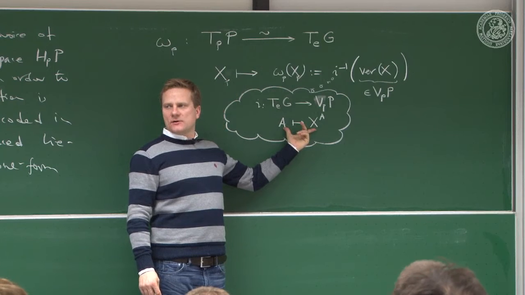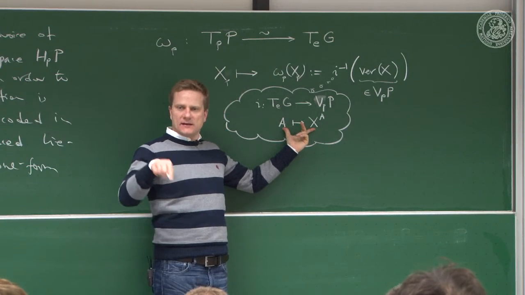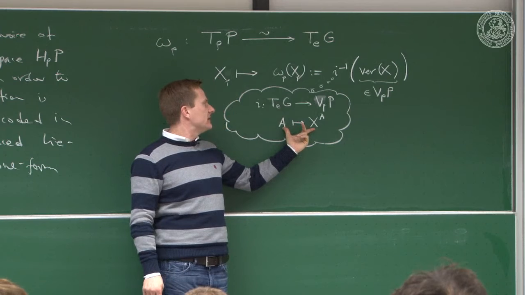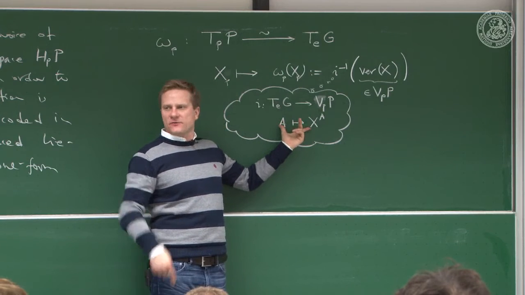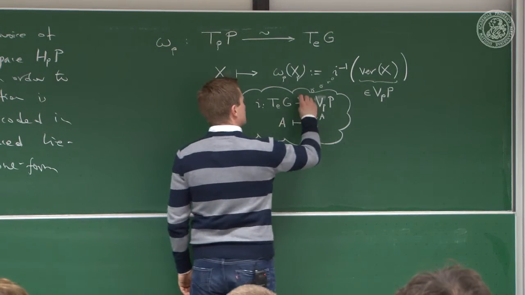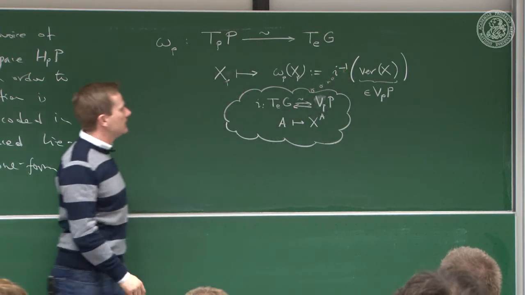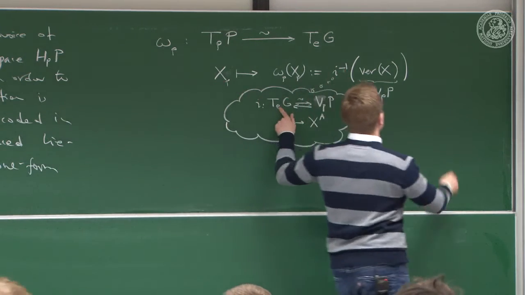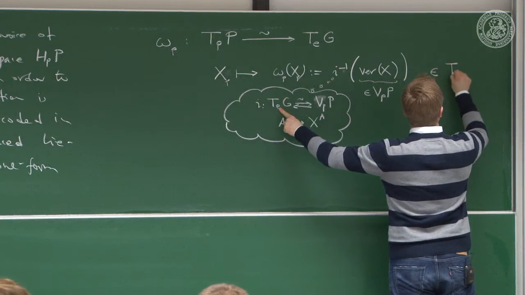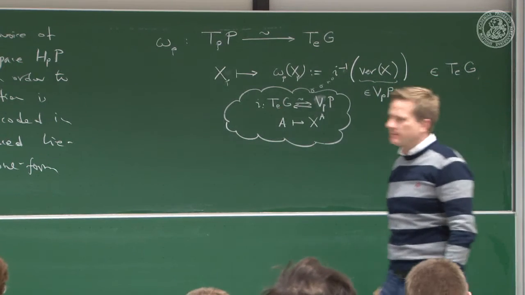Well, because our Lie algebra always maps diffeomorphically into a small region of any point of the Lie group, and the fiber, the vertical fiber, is the Lie group. So this is actually a vector space isomorphism, so you can go backwards, and that is what we're using here. And what you therefore get is in the end an element of T_e G, which is precisely what we wanted.